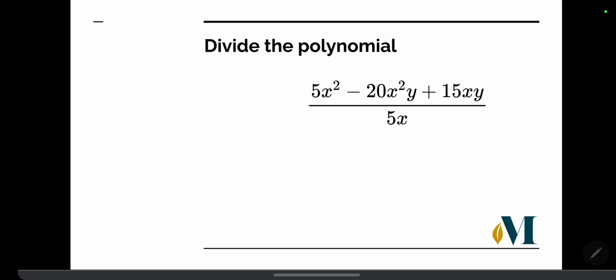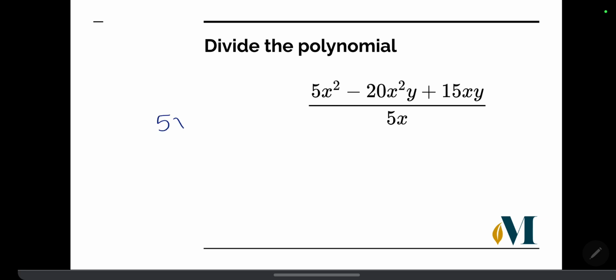Okay, here we go with this one. We have our numerator, 5x squared minus 20x squared y plus 15xy, and this polynomial is being divided by 5x. Let's take it one at a time so we don't confuse ourselves.